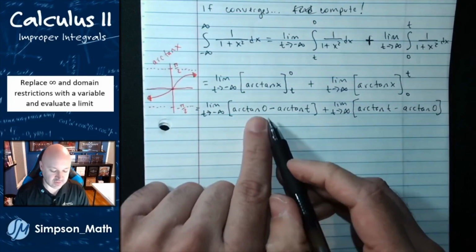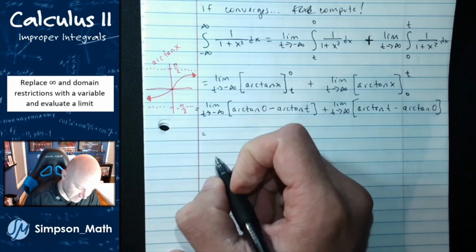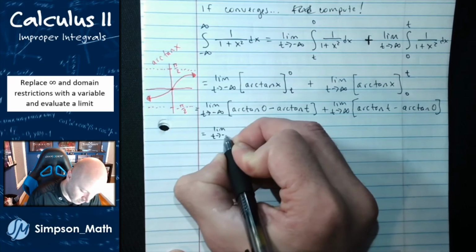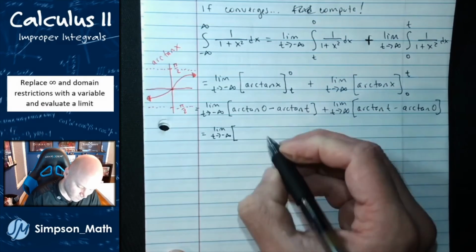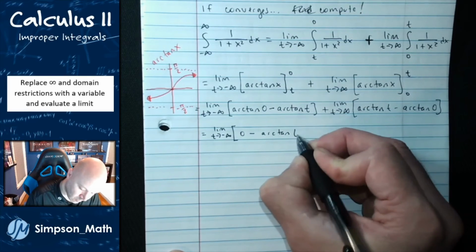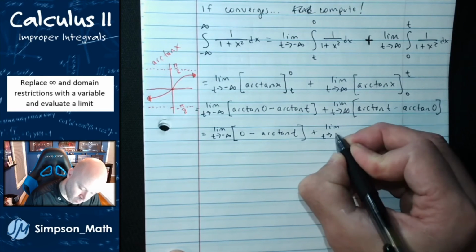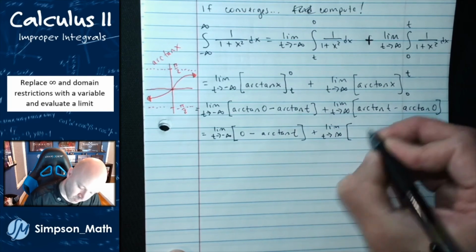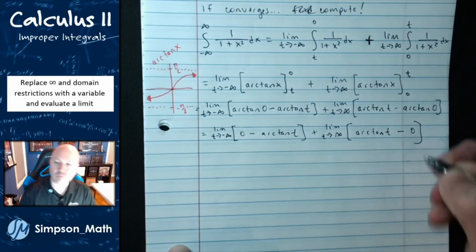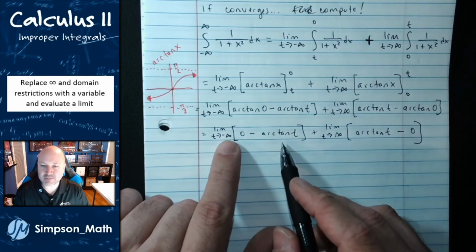So I know arctan of 0 is 0. I just plug that in. I think I'm ready for direct substitution.